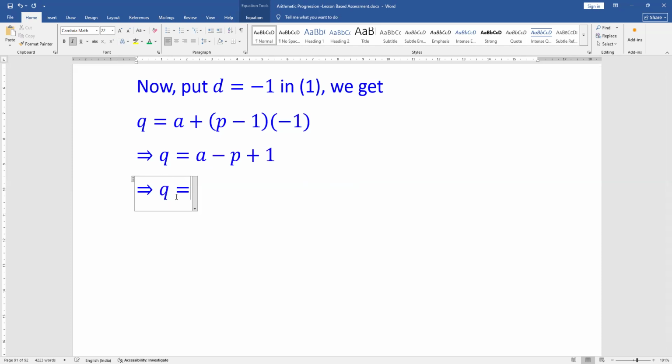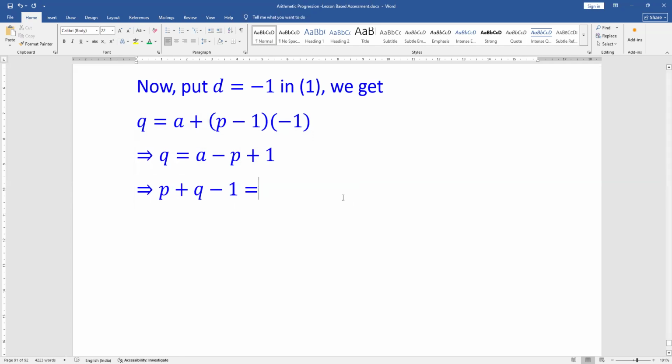q equals, then we get what? Here I'm just moving all the components which are present here, minus p and 1, to the left hand side. So q, and then we get minus p. If I move to the other side, it becomes plus p. So I can write like this: p plus q minus 1.